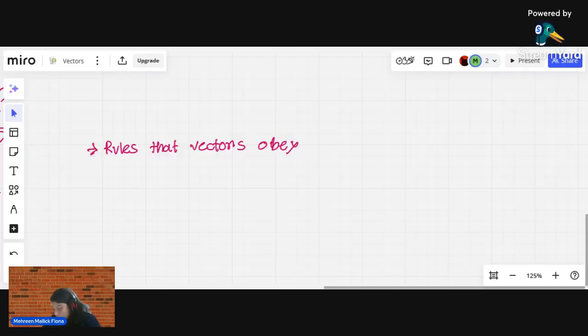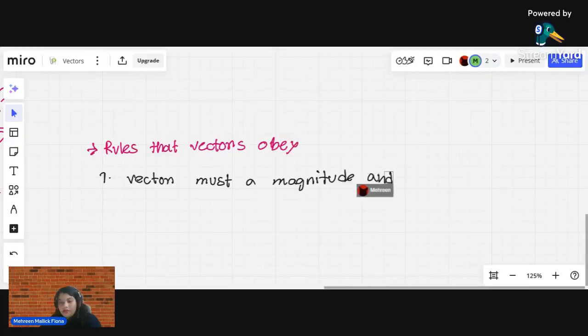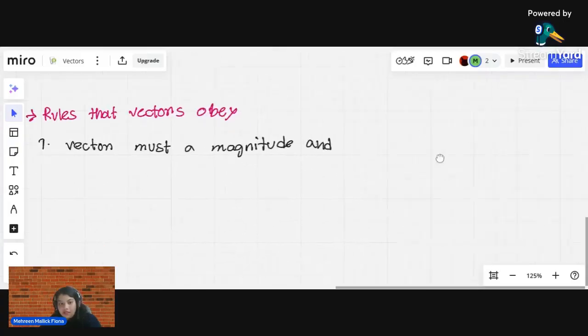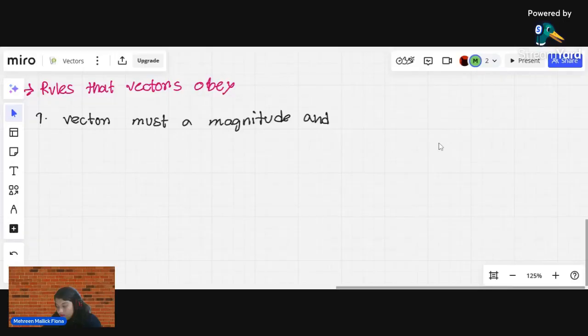So the very first rule, number one: a vector must have a magnitude and direction.